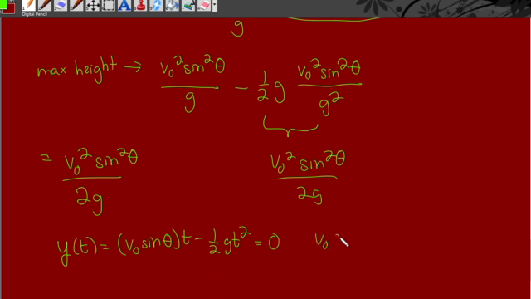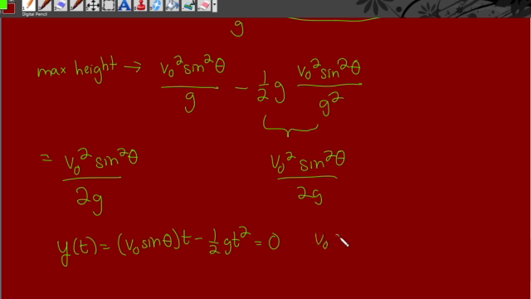Now we can use this to find the total horizontal distance traveled. x of t is equal to v naught cosine theta times t, and there's no acceleration, so we just leave it like this. Plugging in t, we get 2 v naught sine theta cosine theta over g, and using one of the trig identities, this simplifies to v naught sine 2 theta over g.